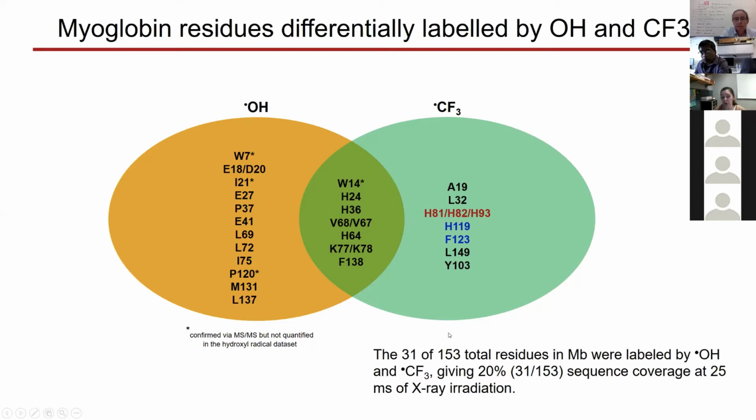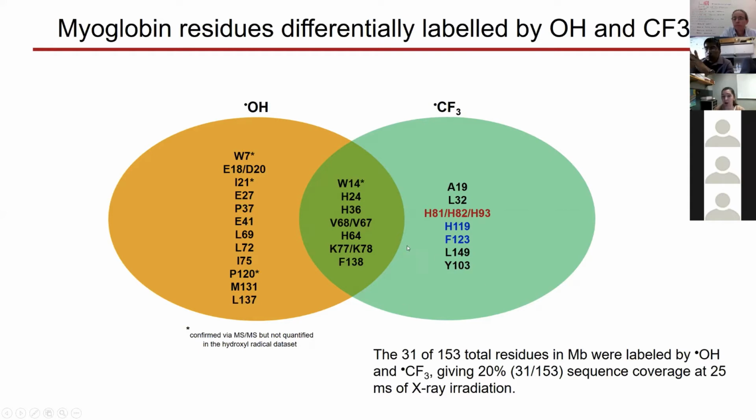We saw a total of about 31 residues out of 153, which gives us about 20% sequence coverage. But again, it's total sequence coverage, not what is accessible to labeling, and that's the number we usually try to increase to get more resolution. If you only do hydroxy radical, you would miss all this part here, and if you only do CF3, you would miss the hydroxy radical labeling.